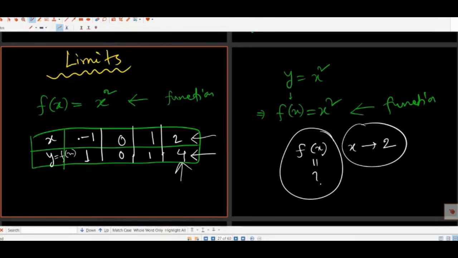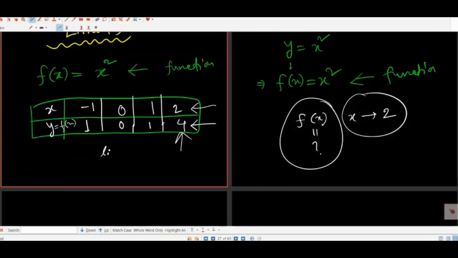We can write that the limit of f of x as x approaches 2 is equal to 4. The same thing has been written in a new notation using the notation of limit.